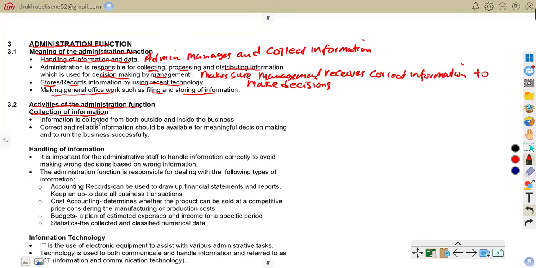So information is collected from both outside and inside the business.